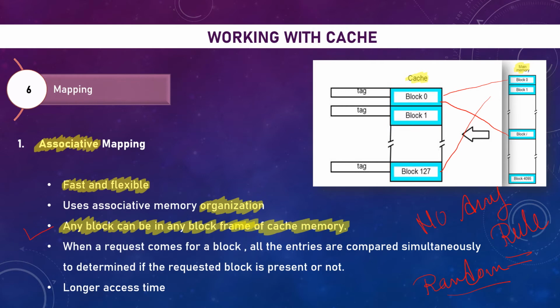Suppose here we have a processor, and the processor first goes to the cache. It checks when a request comes for a block.